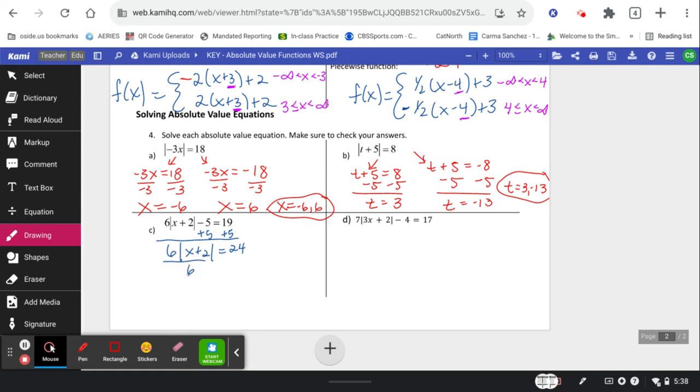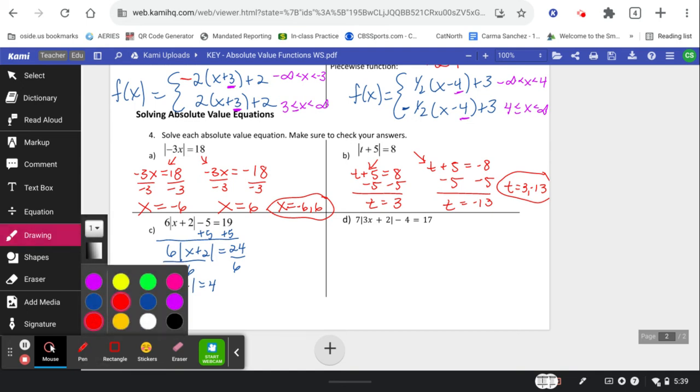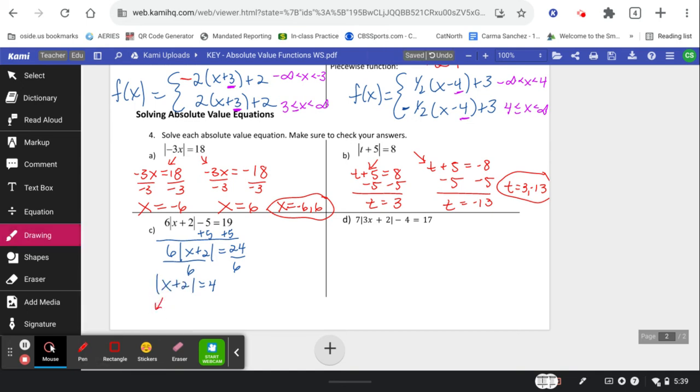And then we got to divide by 6. Okay, now that I've got it isolated, now I can split this piece. I could get x plus 2 equal to positive 4, and I could get x plus 2 equal to negative 4. My list form would be negative 6 and 2.